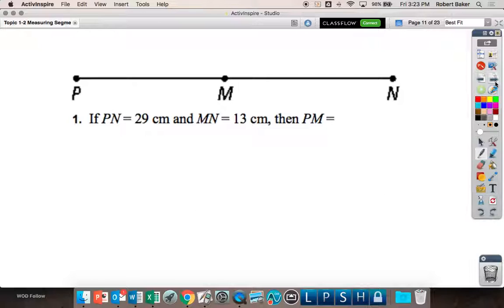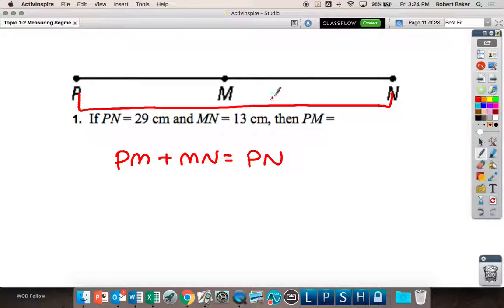16. So here's how it works. It's the first part plus the second part equals the whole thing. If you do it that way, you're just filling in the blanks. PN is 29. From here to here is 29.